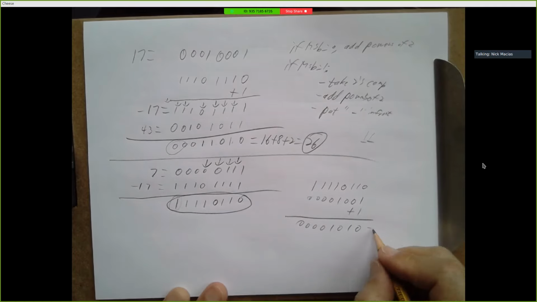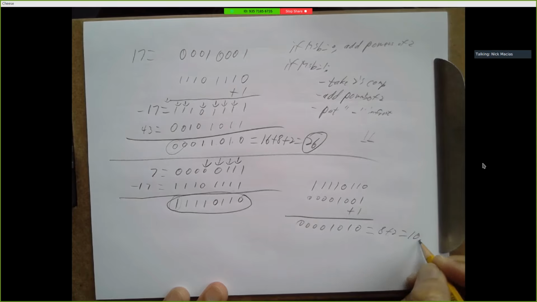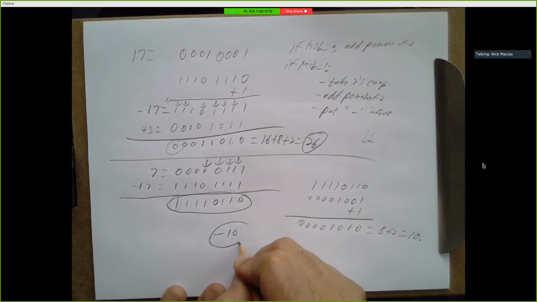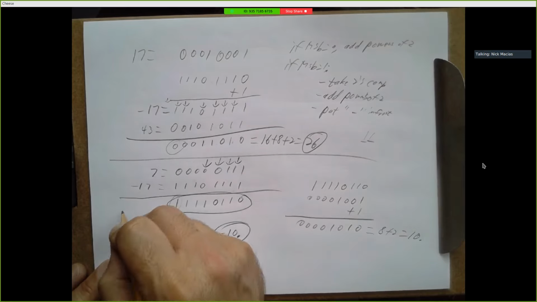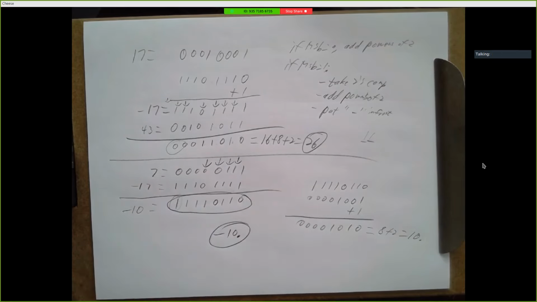Add up the powers of 2, so that's 8 plus 2, which is 10, and then put a minus sign in front. That's what this number is equivalent to. I'm going to put a period there so we know this is a decimal number that just happens to have just 1s and 0s. So this is equal to negative 10, which it should, because that's 7 minus 17.